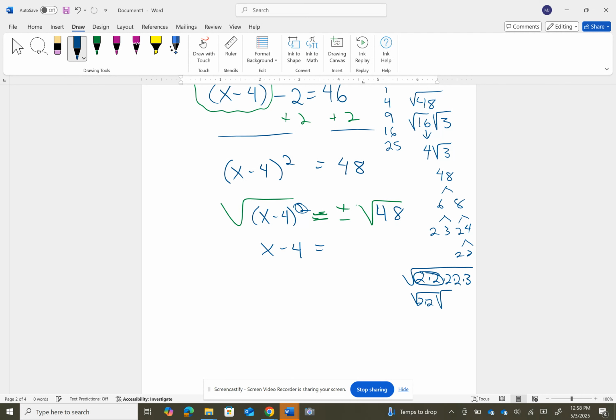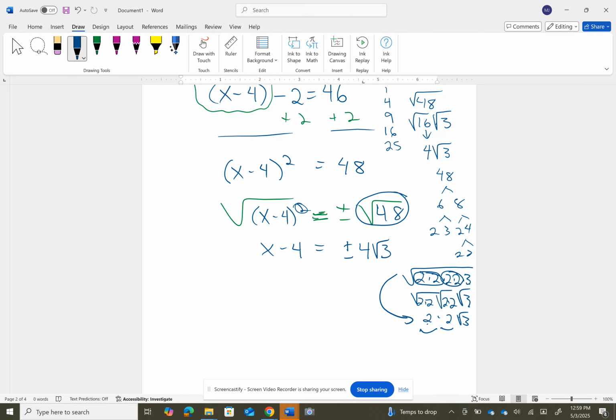Normally you just go from here to here. There's a pair, so the square root of 4 gives 2. Here's another pair, and the square root of 4 gives 2. And then I have a 3 that's still trapped underneath the radical. So all of that was to get the square root of 48 into simplest radical form, which is 4 square root of 3. And there's a plus or minus, don't forget, still out in front.